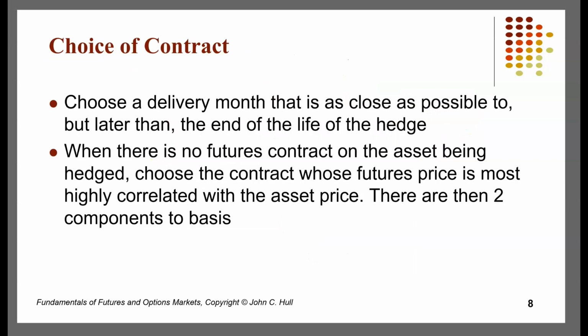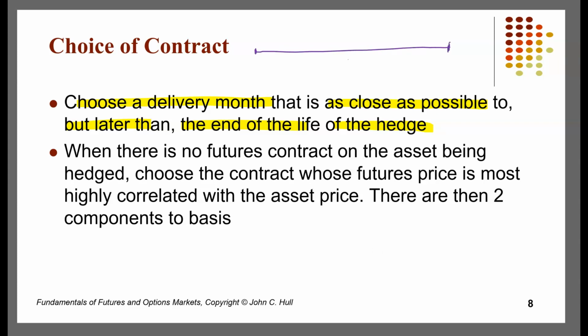Alright, just to recap what we talked about in the earlier video, we always want to choose a delivery month that is as close as possible to, but later than, the end of life of the hedge. Remember what that means. We place the hedge today.